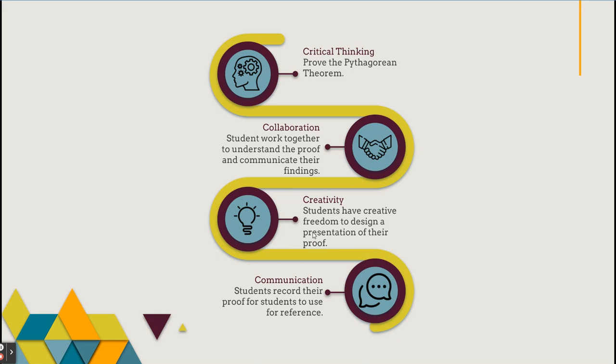And then communication is students record their proof for other students to use for reference. So you have that available in a toolbox or something for other students to use, or every year you have students create their proofs and communicate that out to the world and post it online for parents to see, or you actually use it as a reference for students to work on after school in case they've forgotten and they're working on their homework.